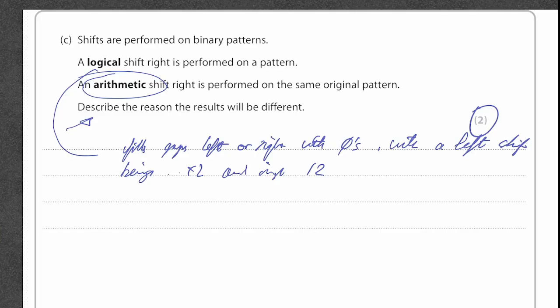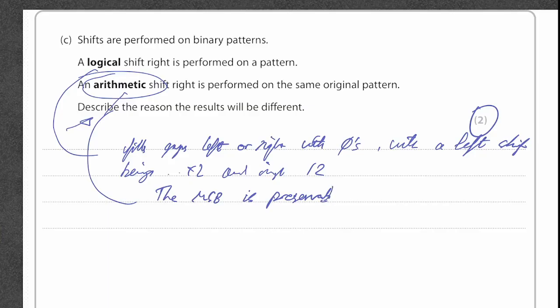So you can say, whereas arithmetic shift, the MSB, the most significant bit, is preserved. Sorry, my writing on the tablet's not great.